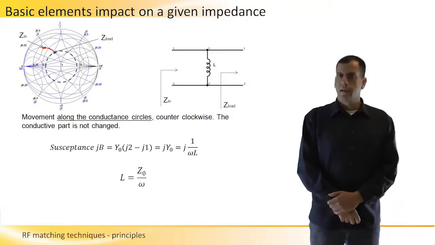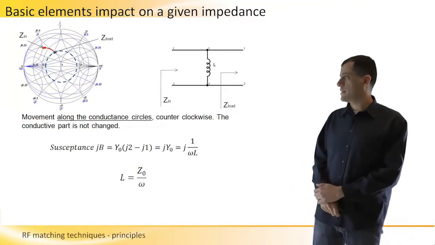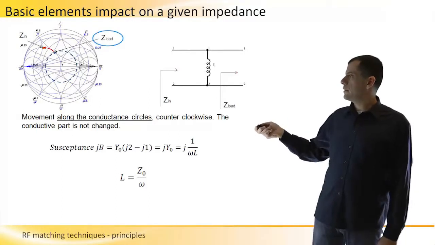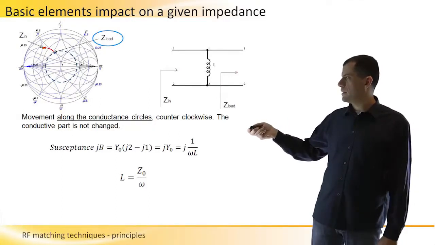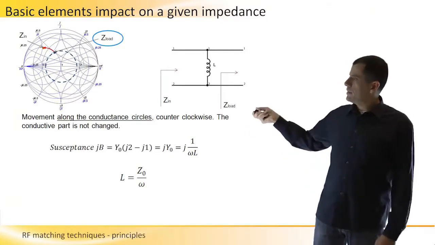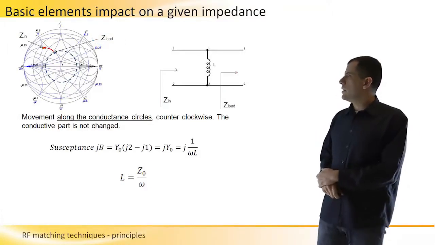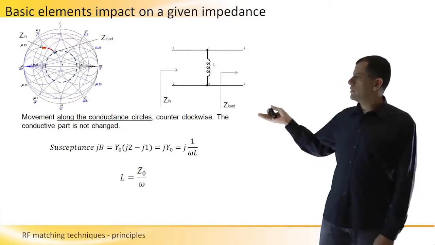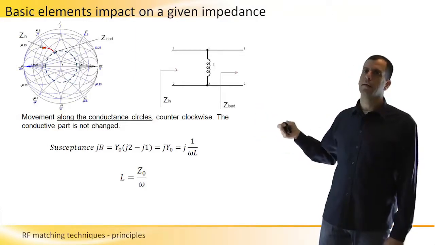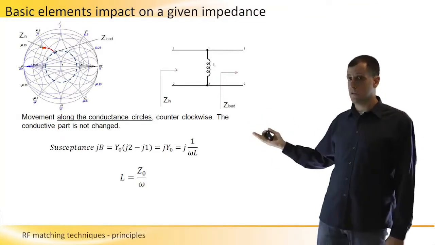Now, let's look at what happened to the impedance on the Smith chart in this case. Look here. We have the input impedance located here, the load impedance located on the Smith chart here, and then what does the inductor actually do? The inductor, since it is parallel, we are adding the susceptance of it to the susceptance of our load.